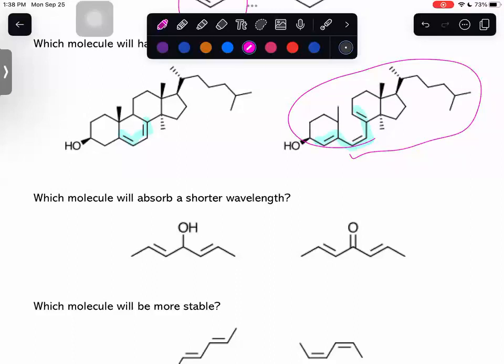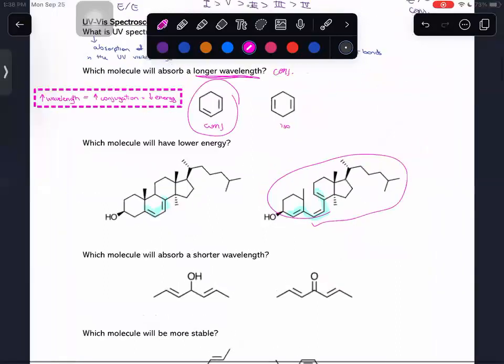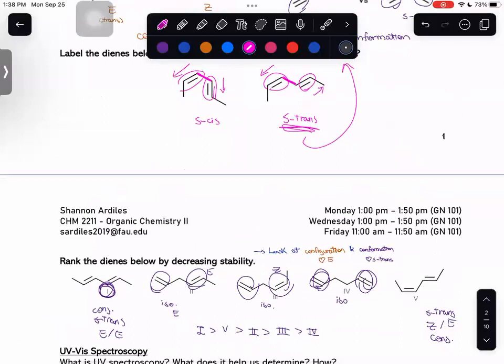If we're talking stability, then we're using the same process as we did before. We would be looking at configuration and conformation of each of those. More specifically, we would just look at the configuration of each of those. So if it was three cis isolated versus 2 trans conjugated, what would be preferred? Conjugated. Conjugated? Conjugated is always the most stable one.